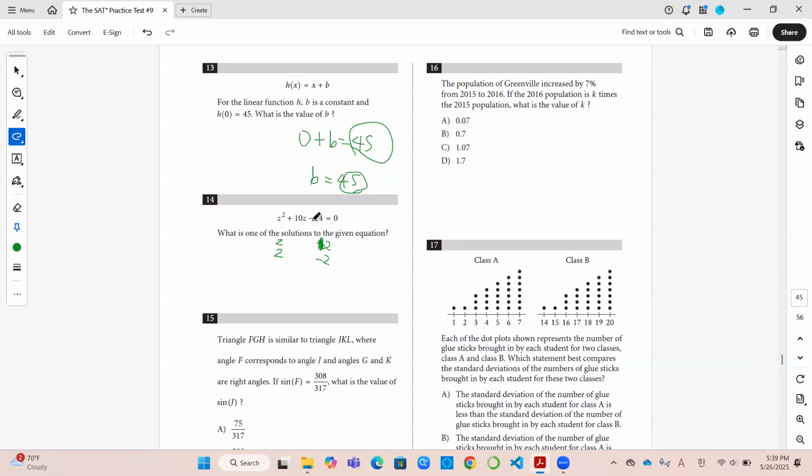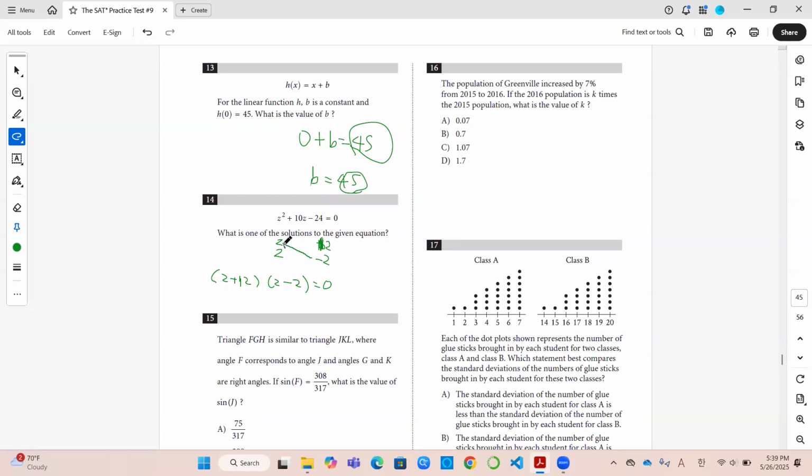If I do c plus 12 and c minus 2, we want this to equal 0.